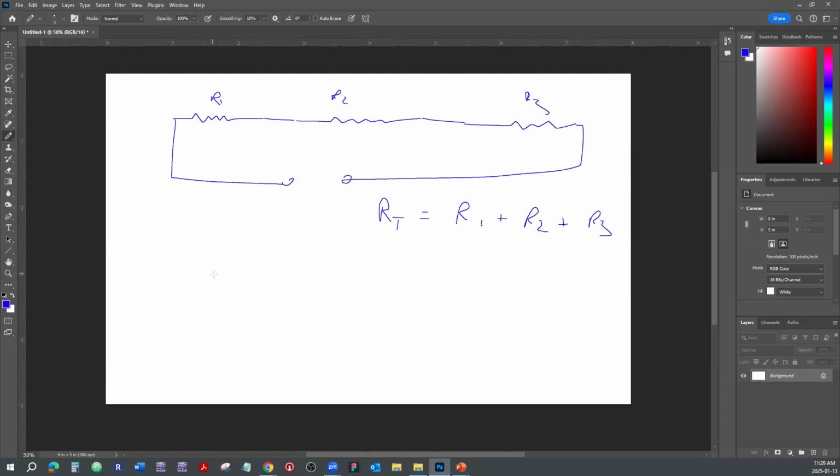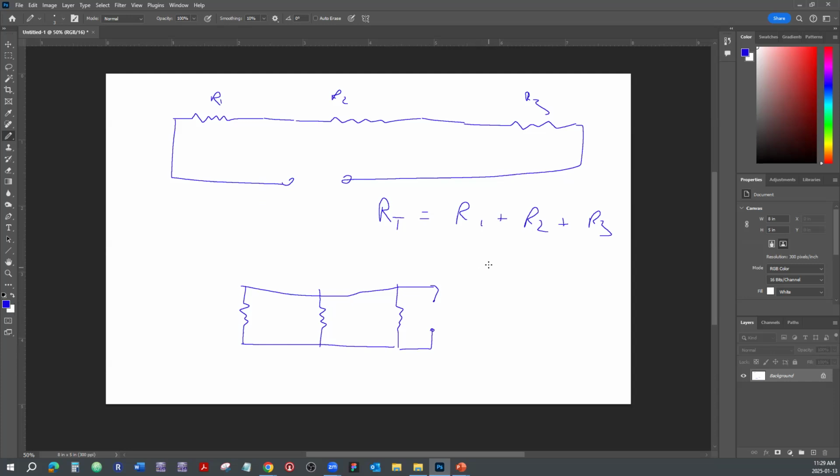Okay, now if we have another scenario, if we have the resistors like this here, here's R1, R2, R3, and we connect them in parallel, and here's our terminals.